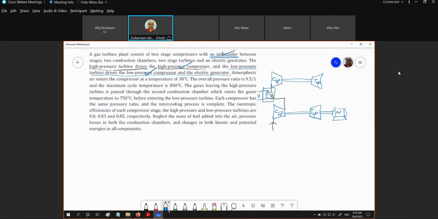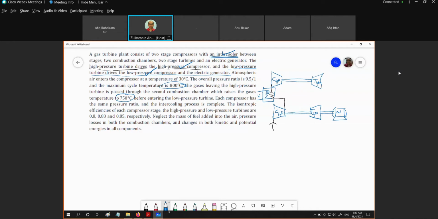Okay, and then we need to put the combustion chamber. If you look right here, the place where we have high temperature, which is the maximum temperature of 800. Therefore, this is said to be the maximum. And then we have another temperature, which is 750. And this 750 is mentioned for the second combustion chamber.